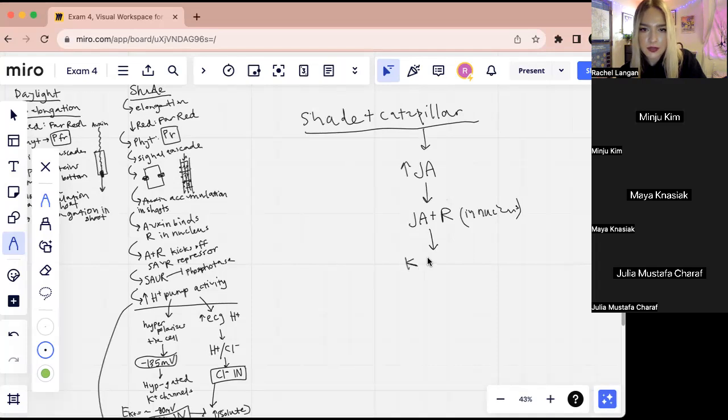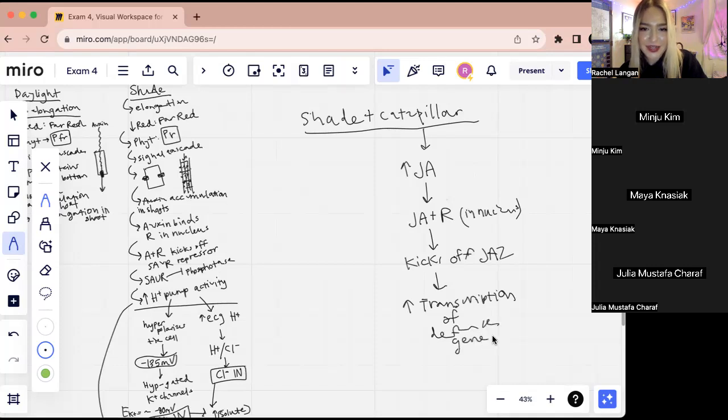JAZ is a repressor of defense genes. So when JAZ gets kicked off, we're going to increase transcription of defense genes.